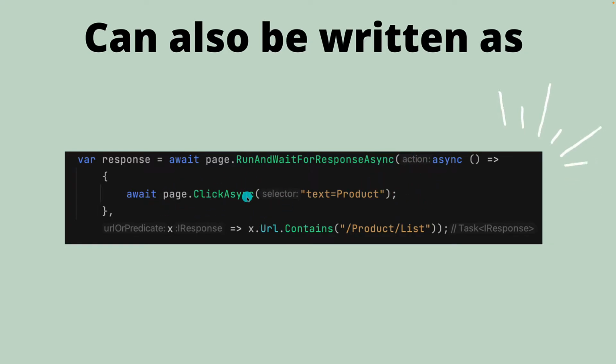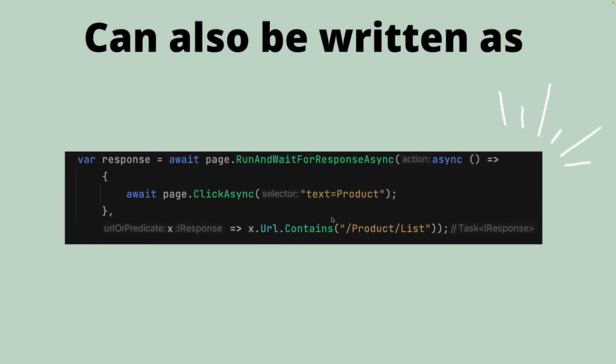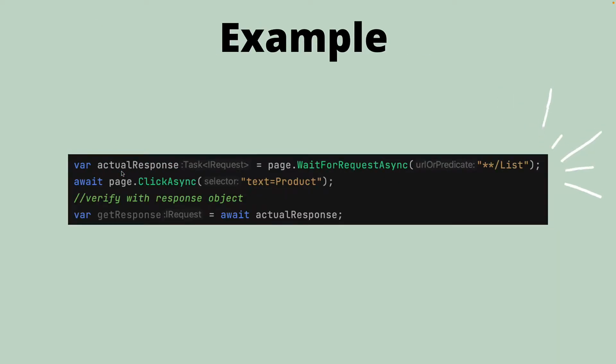And then we can verify if the response contains this particular URL. This is pretty much exactly the same operation that you are seeing over here, but instead of writing it in three different isolated lines, we can just wrap it up in one single line, and then we can just get the response back. This is another way of writing the same code that you are seeing over here.